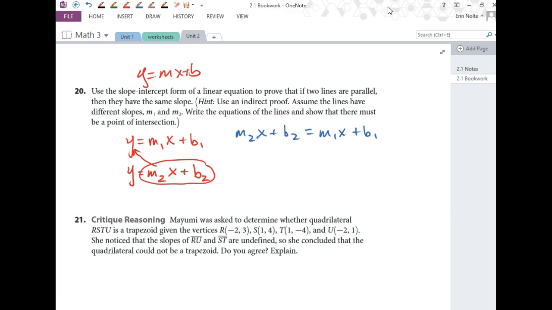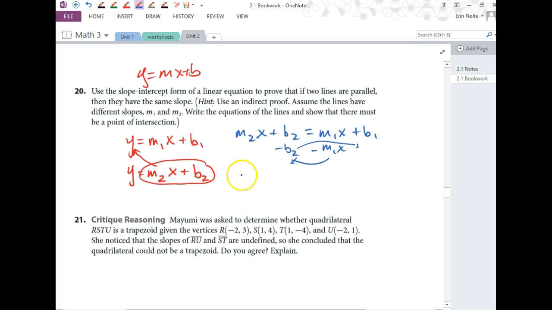Okay, so can I do 2 steps in one here? Can I subtract the m sub 1x and also subtract the b sub 2 all at once? Do you see what I'm saying? So subtract this one, and then also subtract that to the other side. So I'll take this one this way, and this one this way.